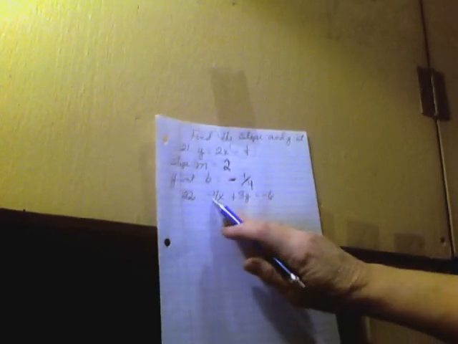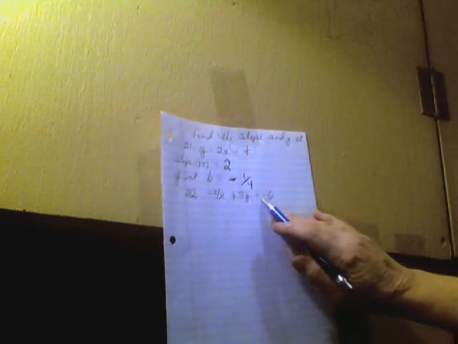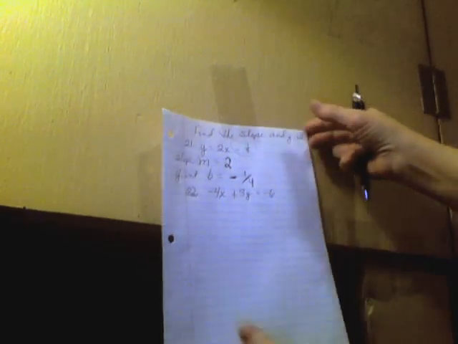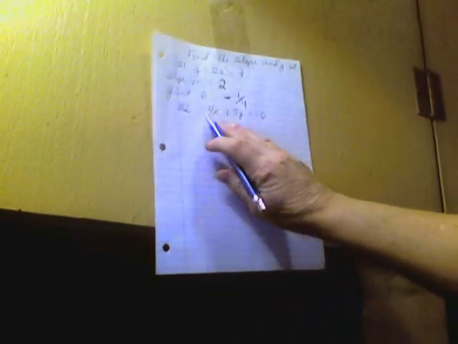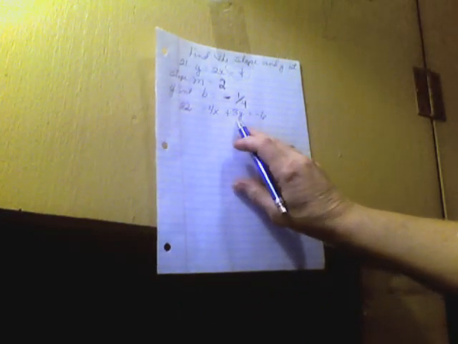Okay, the number 22. 22 has the problem -4x plus 3y equals -6. This equation is not yet in the slope-intercept form. We need to solve for y. So let me move this up just a little bit. Okay, the 3y, we need to get rid of the x part, take it to the other side to try to get the y by itself.